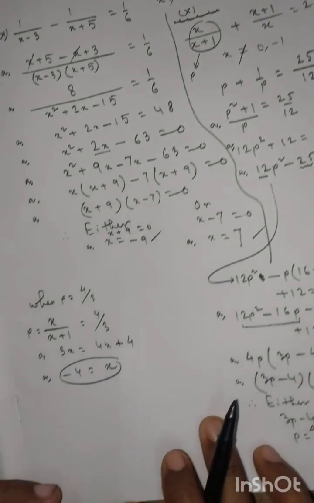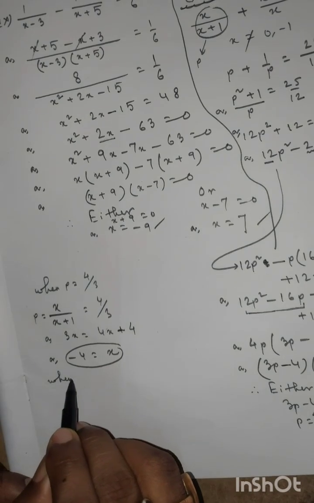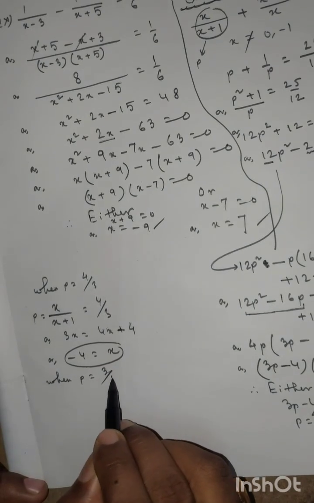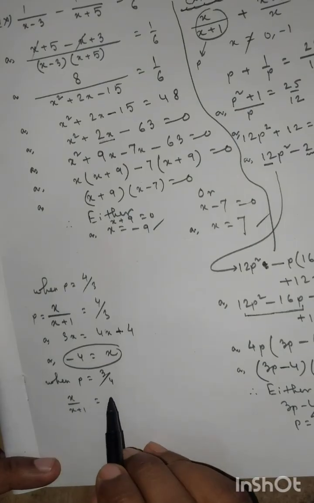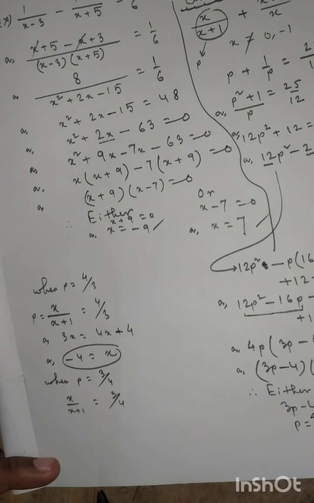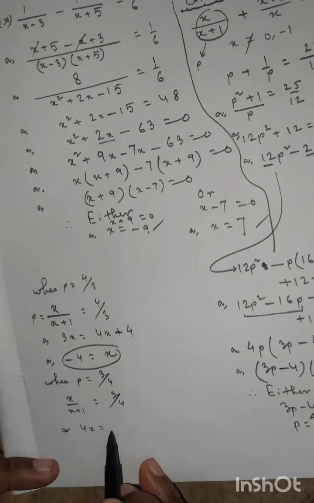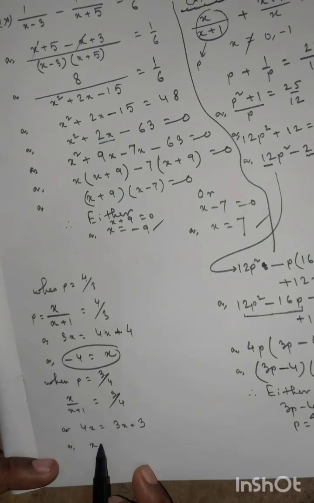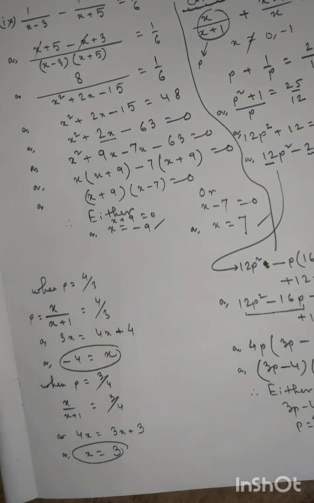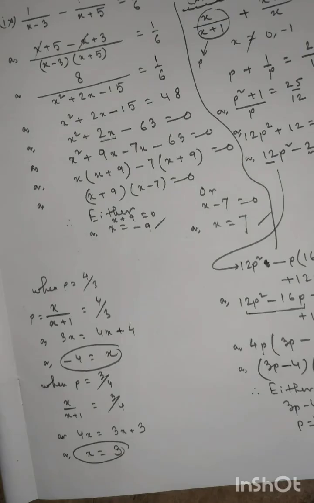Now again, when we put p equal to 3/4, we can write x by x plus 1 equal to 3/4, or x equal to 3. So these are our required values of x.